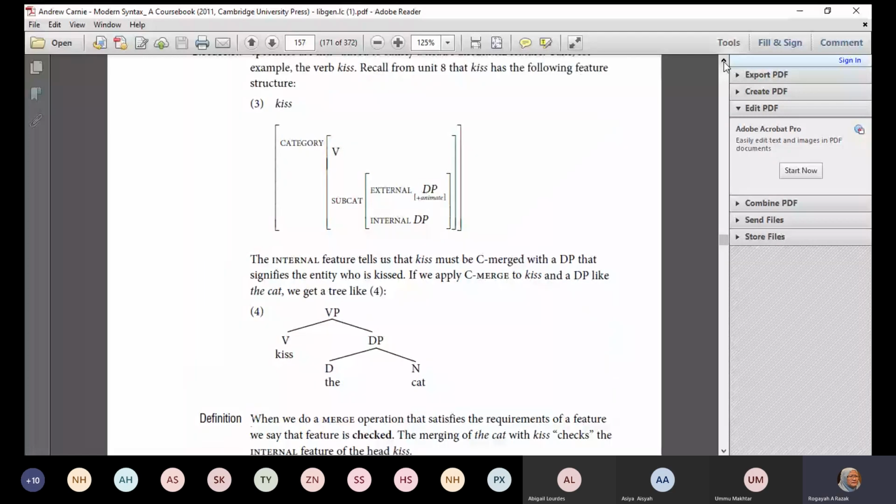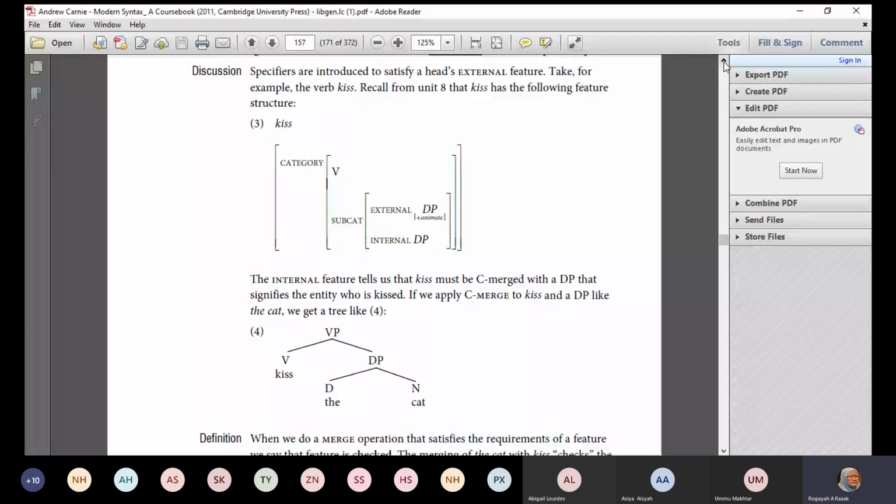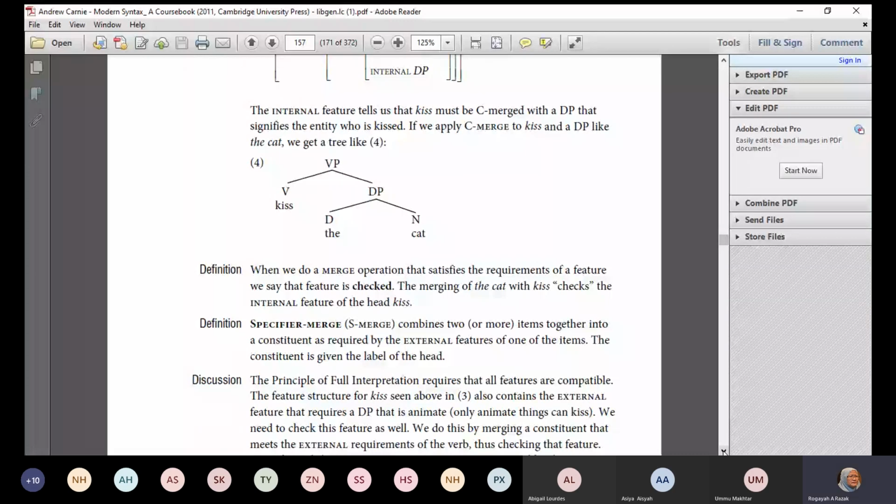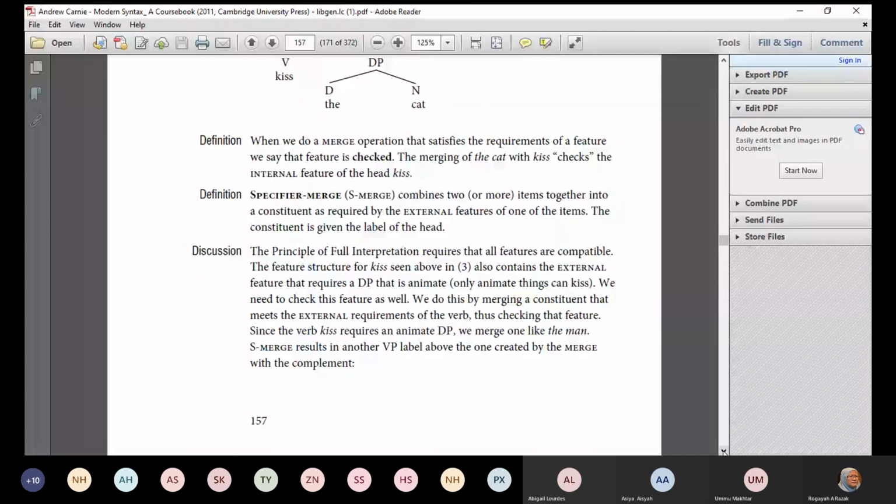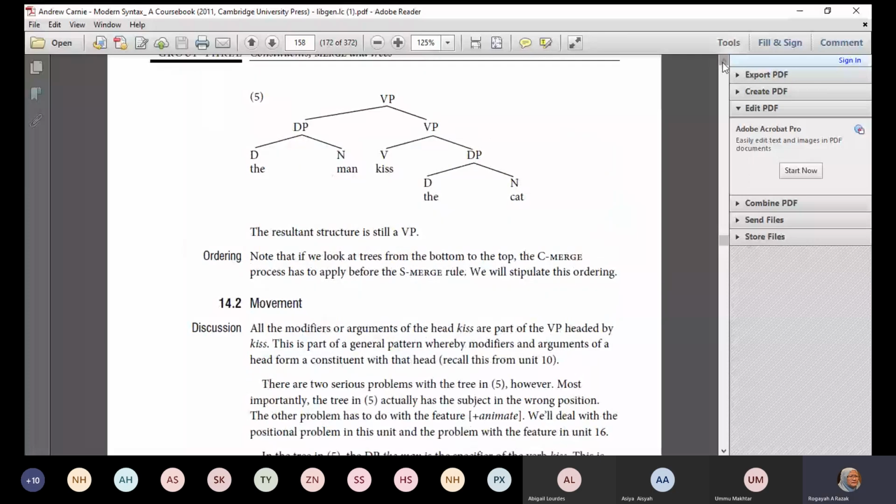So specifiers are introduced, and we have the internal feature. Then we have specifier-merge, and this tree diagram in 5. The resultant feature is still a VP.